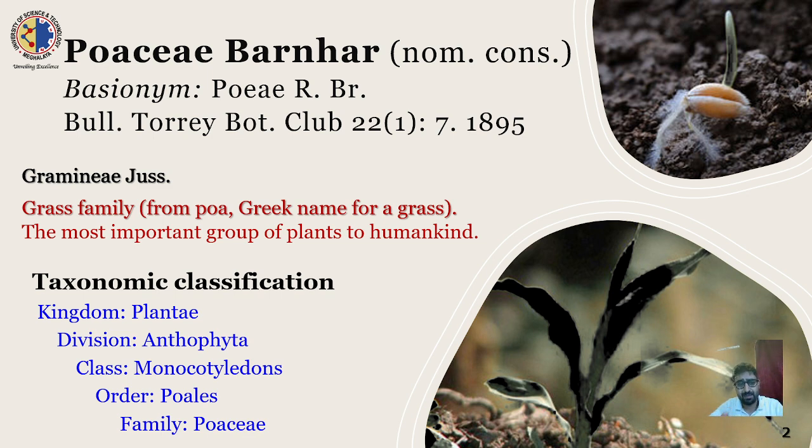Now, what is this family? This family is the most important family of the plant kingdom for human beings as well. Why am I saying human beings? Because we are wholly and solely dependent on this family. If you see here the taxonomic position of this family, this classification is based on the natural system of classification.